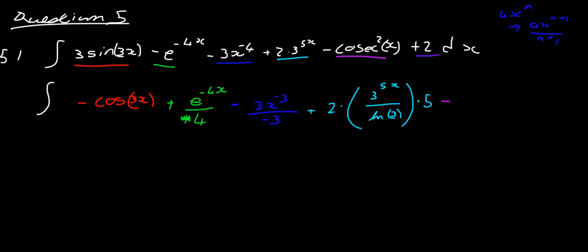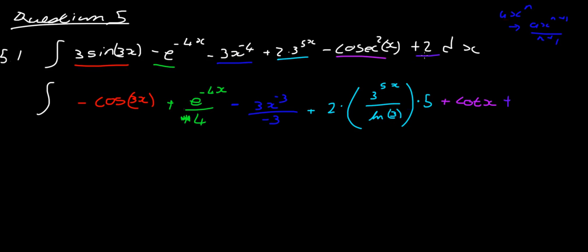Let's just check. Okay, it should be in your table, or you can do it by whatever method you want, but the integral of negative cosec squared x is going to be positive cot x.